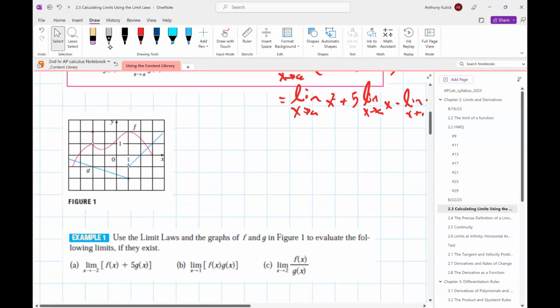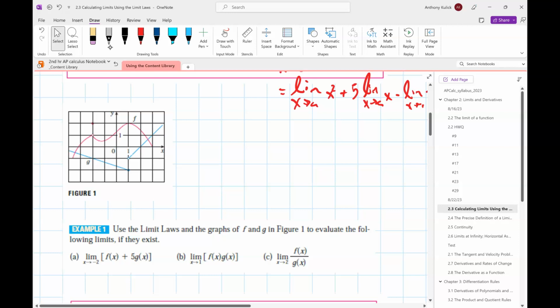So let's look at a kind of numeric example. Here we have a graph with two functions graphed. f is the pink graph, and g is the blue one.